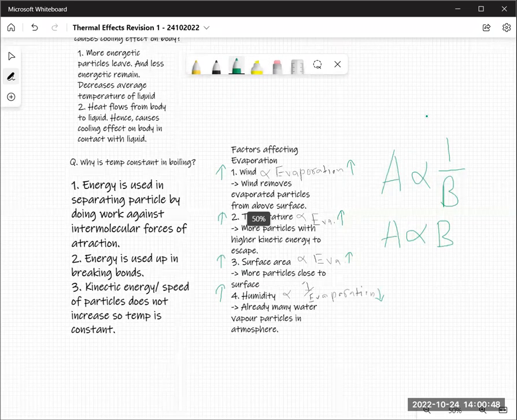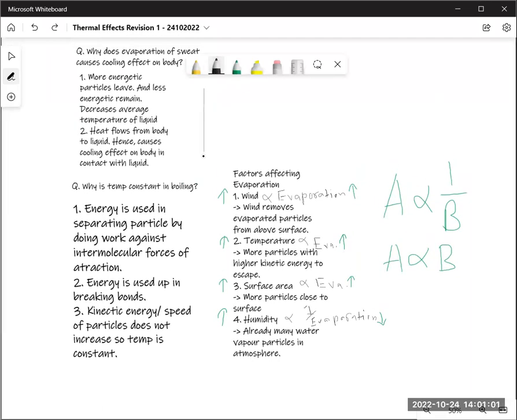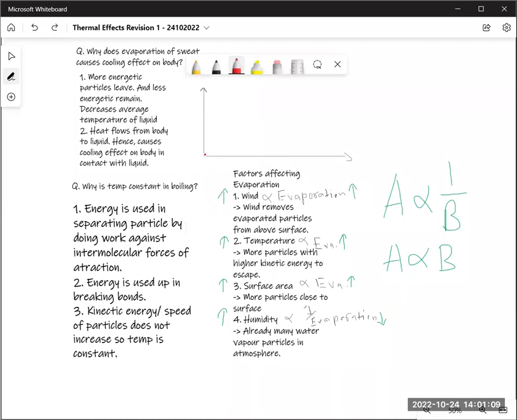Finish writing. Anas, where are you right now? I want you to make a graph as well, especially on the evaporation part. These are the particles before evaporation, and these are the particles after evaporation.